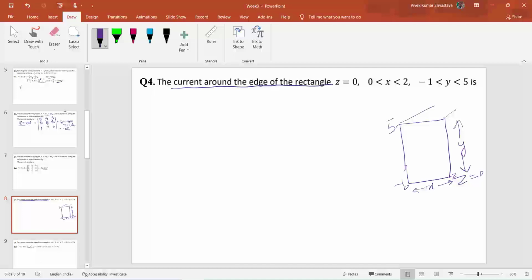We have to determine the current that is flowing through this rectangle. We know that it is defined as the surface integral of J dot dS.